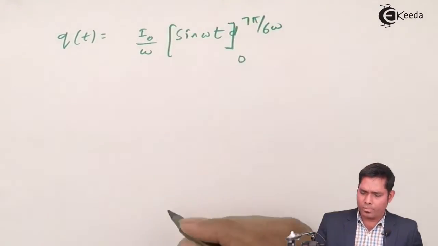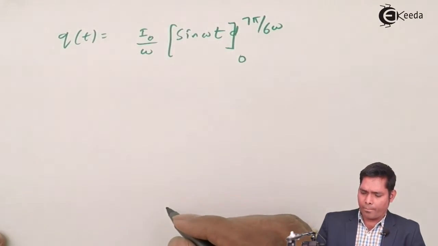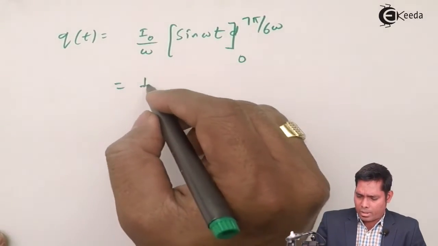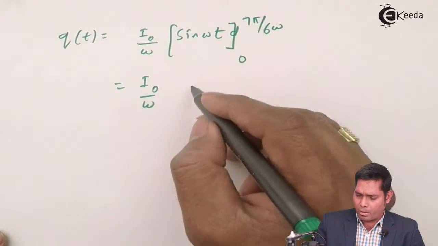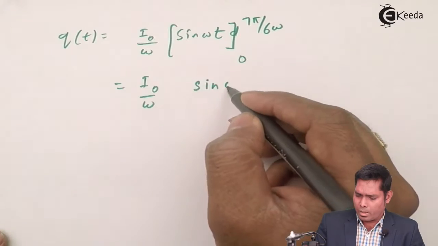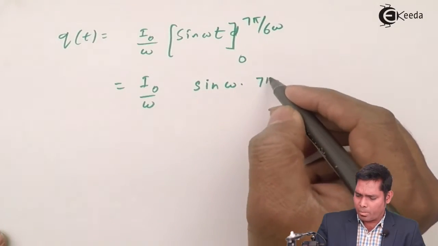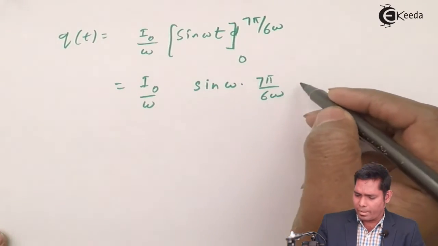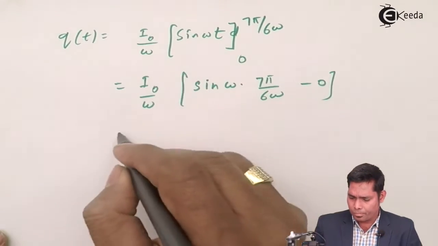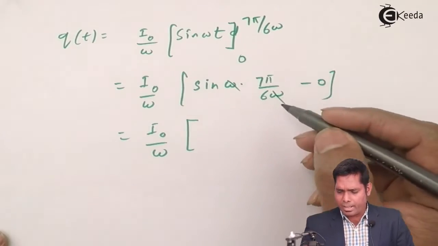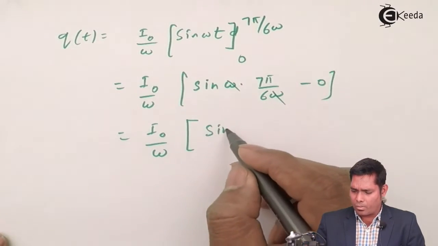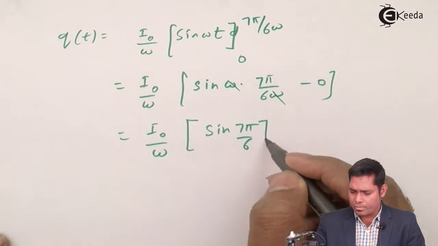That is I naught by omega, and I'll put 7 pi by 6 omega here. Omega into t is 7 pi over 6, minus 0. So this is I naught by omega, and this omega and that omega will cancel, leaving sine of 7 pi divided by 6.